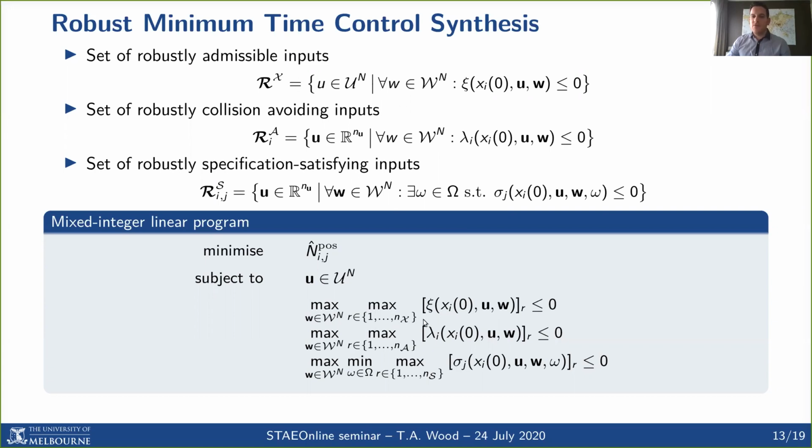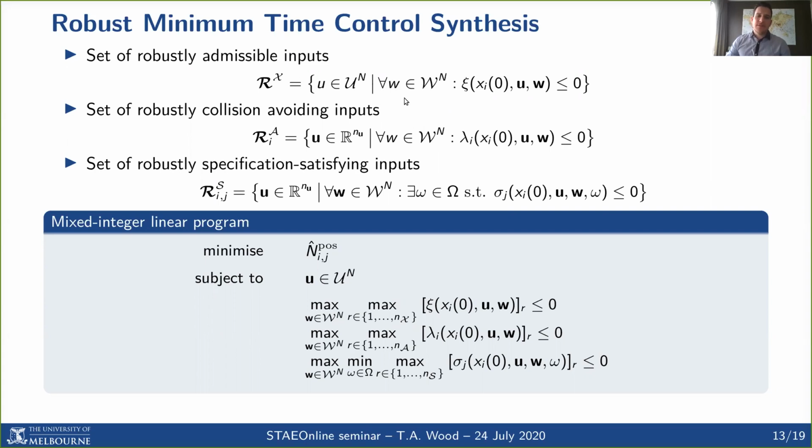So every row is we maximize of all rows, and for all disturbance, these inequalities have to hold, where these functions xi, lambda, and sigma are all linear in the state, sequence, input, and the disturbance. So for the input and state constraints, this is straightforward if we're taking a linear model.